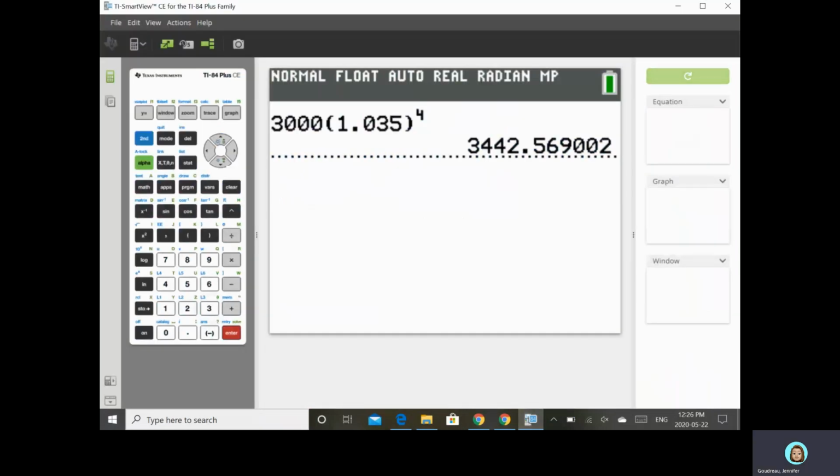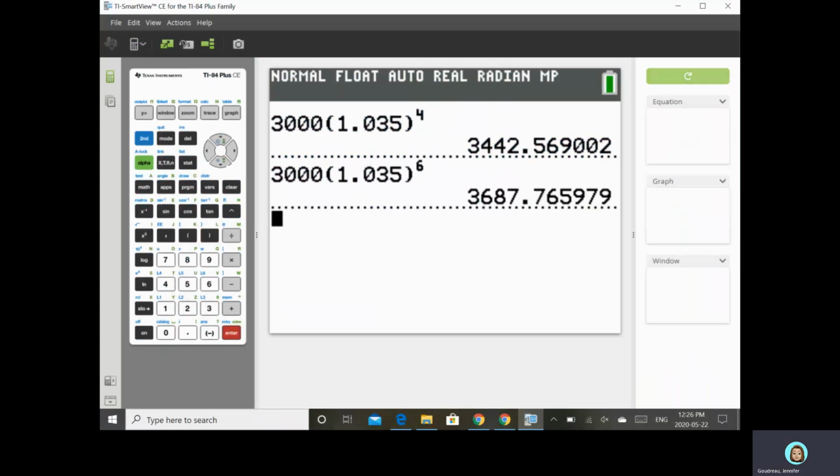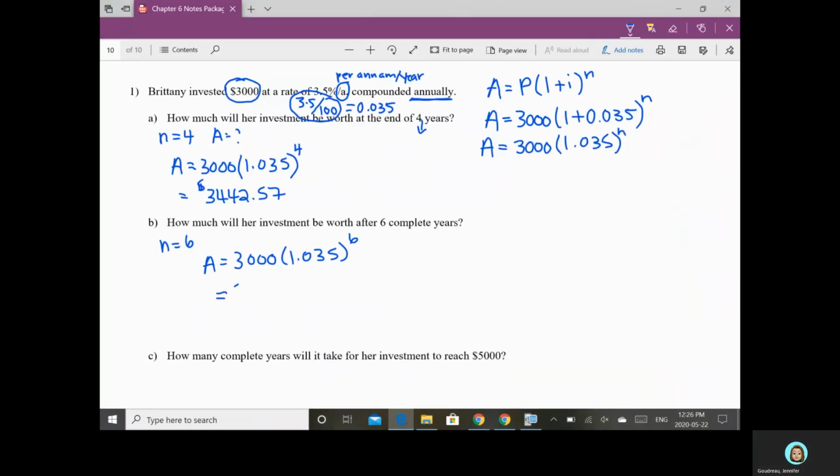Back to the calculator again. 3,000 times 1.035 exponent 6, and there's our total amount, $3,687, and again, rounding to the nearest hundredth, 77 cents. So $3,687.77. And don't forget your dollar sign. That is our units for this one.